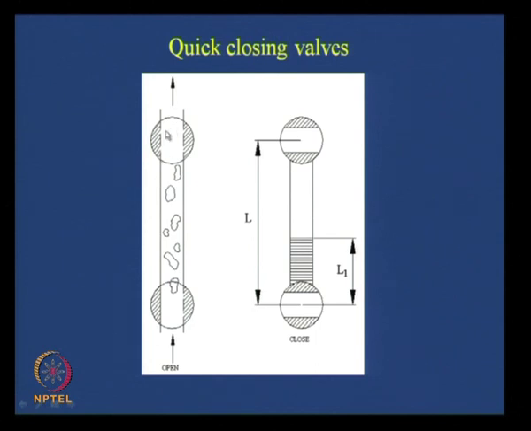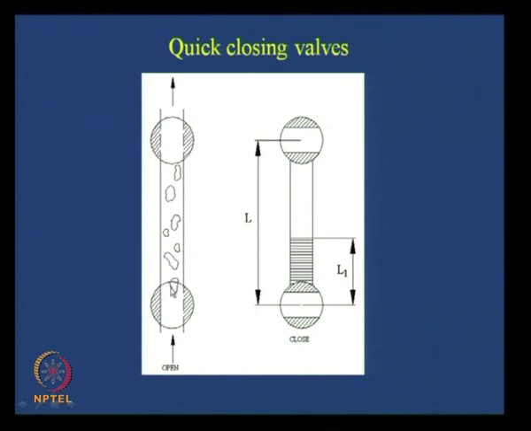First thing, their inside bore should be equal to the diameter of the tube, so that they do not obstruct the flow. What is the second thing? Both of them have to be closed very fast and simultaneously, instantaneously and simultaneously, so that at one particular instant both of them are closed and the mixture gets arrested.